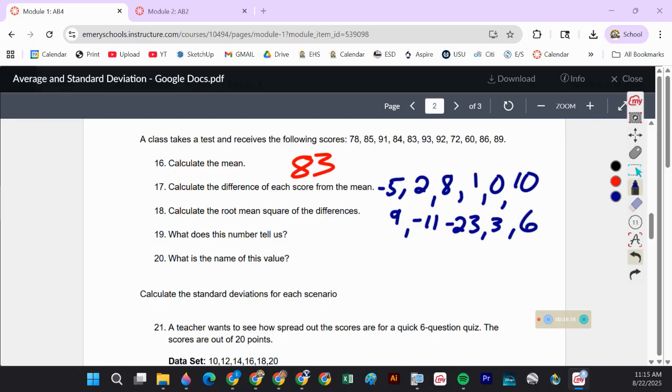So those are our differences. Now calculate the root mean squared of the differences. So we're going to square every single one of these, and then we'll divide it by 11, and then we take the square root.